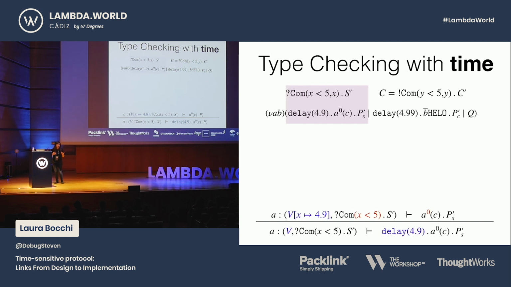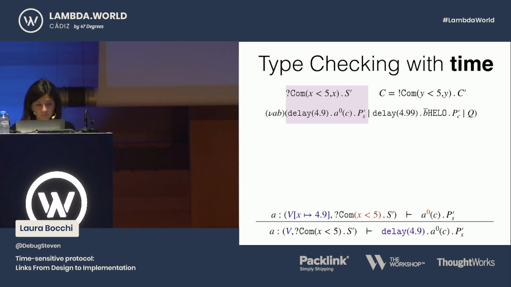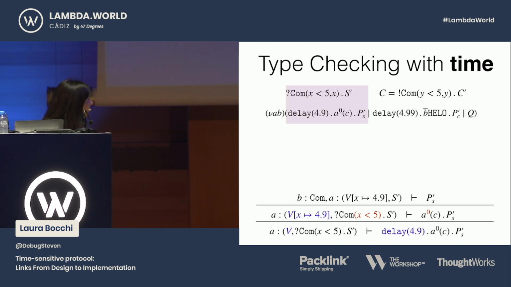The virtual clock tells you what is the value of the clocks at that point. So you can compare it and check that when a message is sent or received, in that case received, it is correct with respect to that virtual clock.